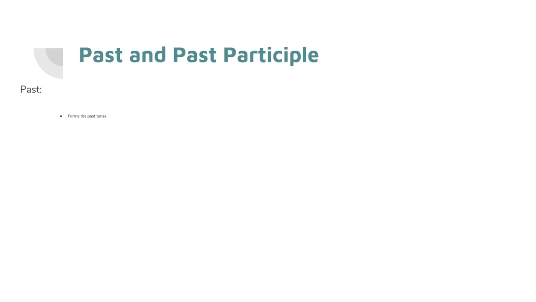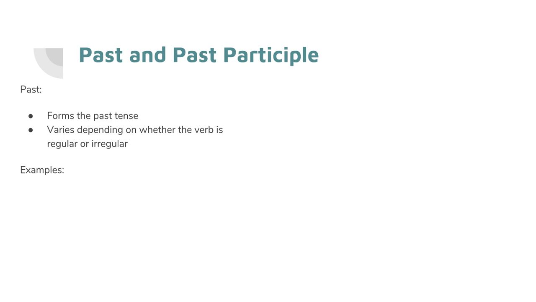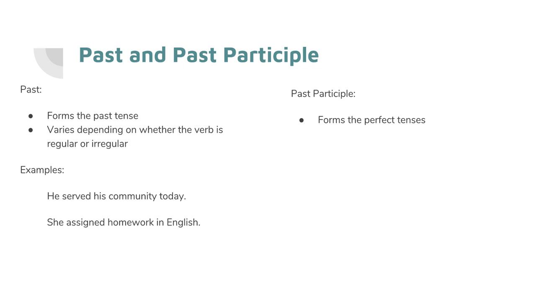The past part of the verb forms the past tense, and varies depending on whether or not the verb is regular or irregular. So we won't see super consistency here depending on which kind of verb you're seeing, but it always forms the past tense. He served his community today, she assigned homework, I taught the class, etc. Now the past participle forms the perfect tenses using a helping verb plus the past part of the verb.